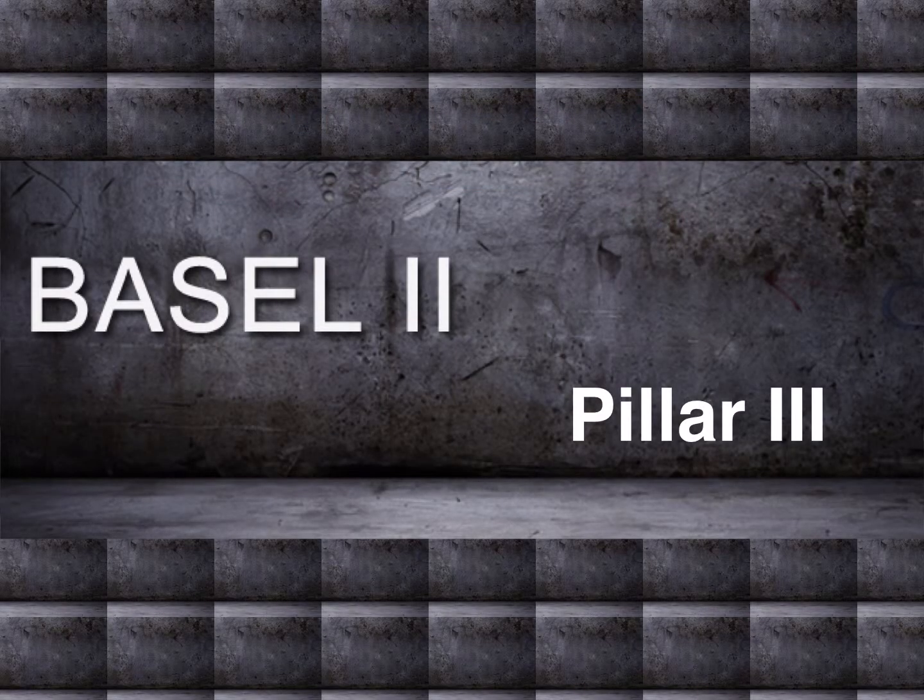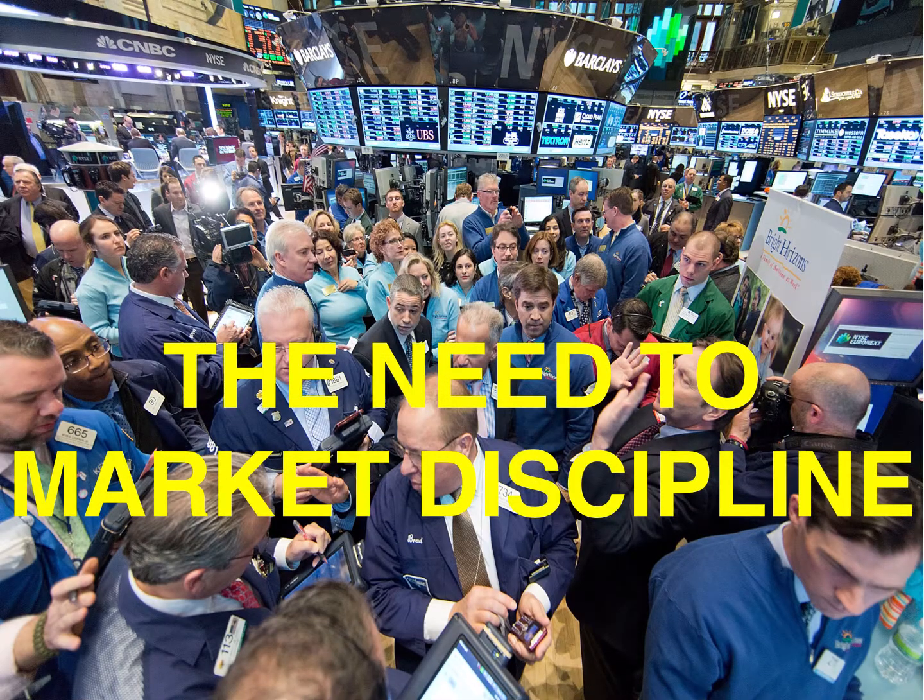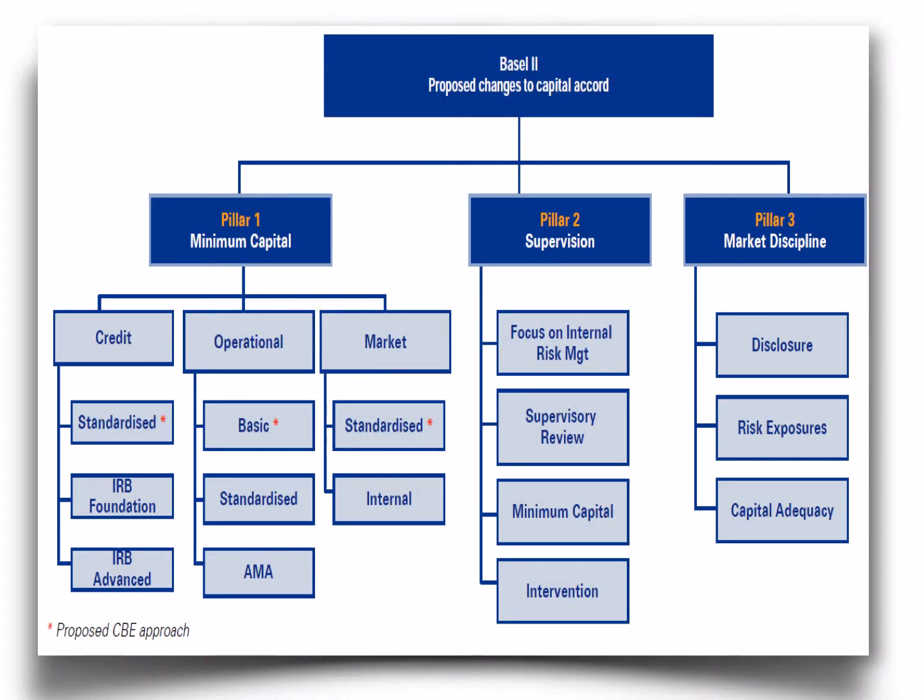Pillar 3, which is the main focus of our presentation, is generally called market discipline, which leads us to ask why there is a need for this term, and what it means. The objective of Basel II Pillar 3 is to improve market discipline through effective public disclosure to complement requirements under Pillar 1 and Pillar 2.